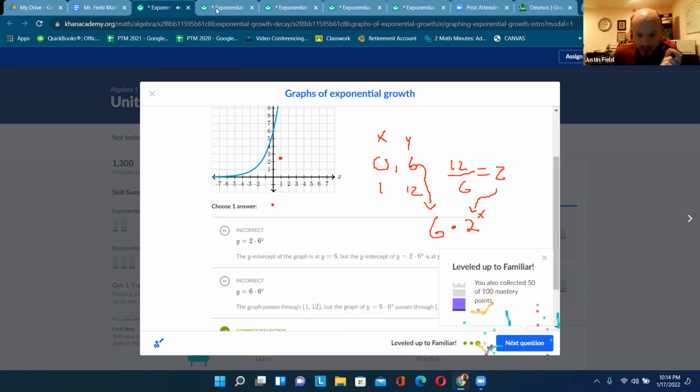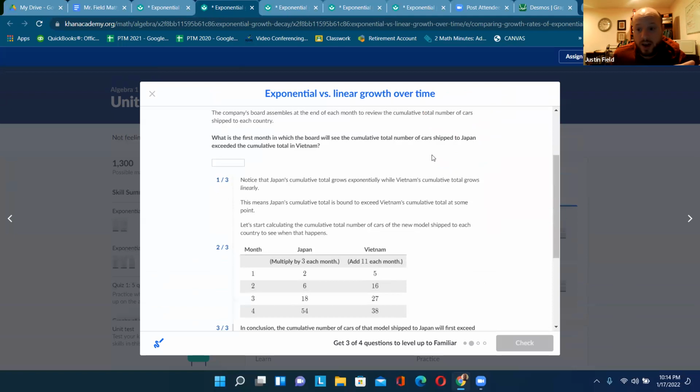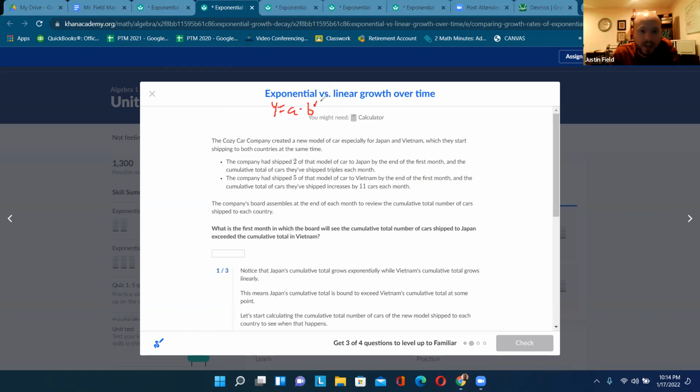Got it. All right, now this next one, I'm not going to lie, I was going to do this a different way. If you do it my old way, it can get very confused. So what I was going to do is graph both of these. They're linear and exponential. And we just talked about a times b to the x. Linear, as you know, is mx plus b.